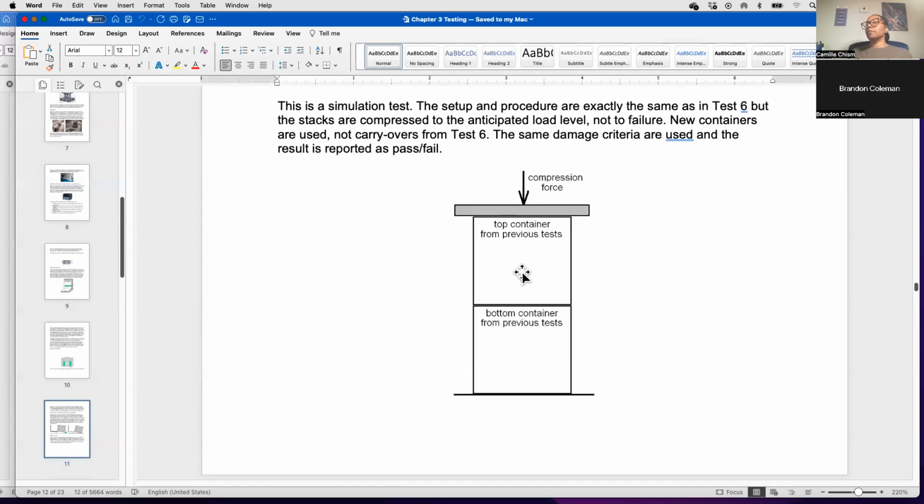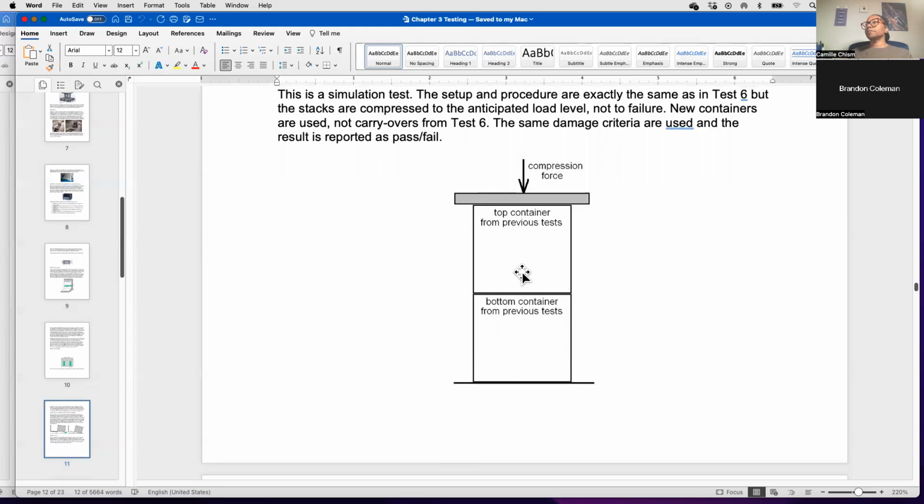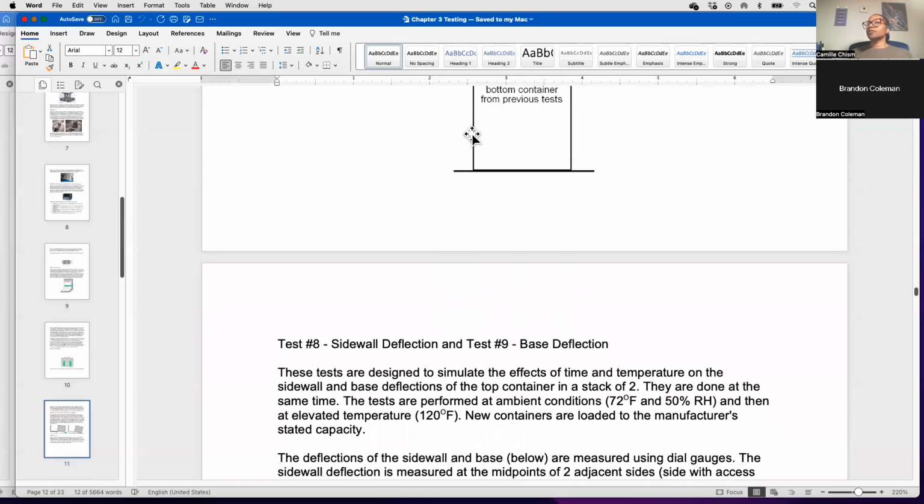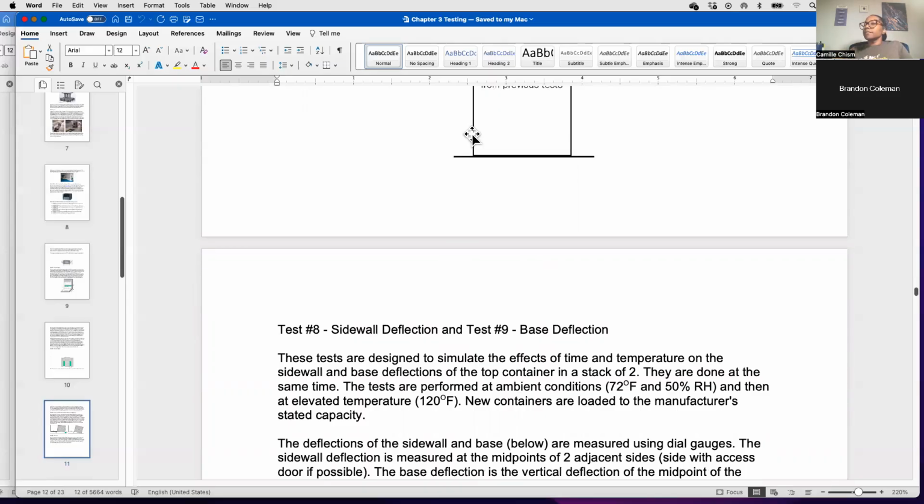And again, you're doing a pass or fail for this one. It's compressed to what you anticipate the load will be, because you're simulating, you're trying to understand how this pack performs. You're not trying to see what makes it fail.